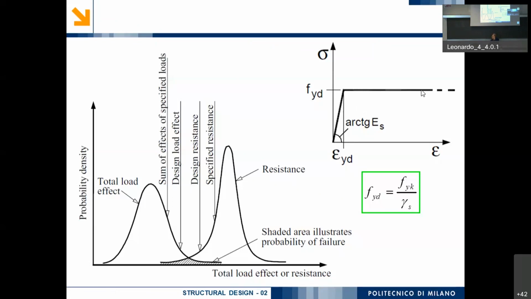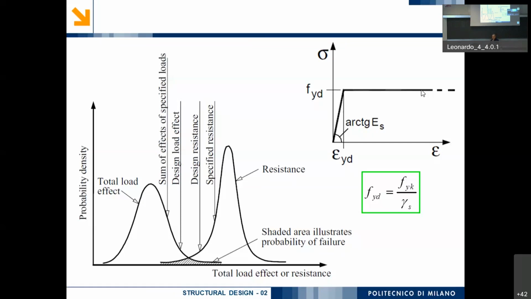A first aspect is related to the uncertainty in the value of the strength. And so we can define a characteristic value, okay?